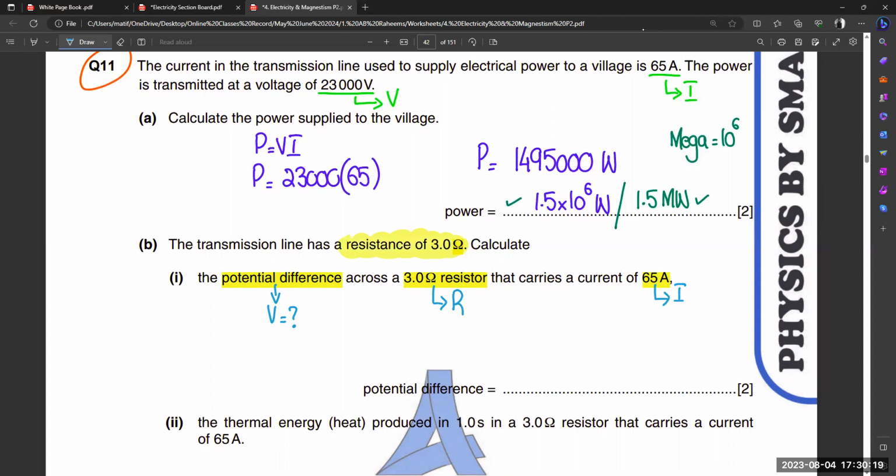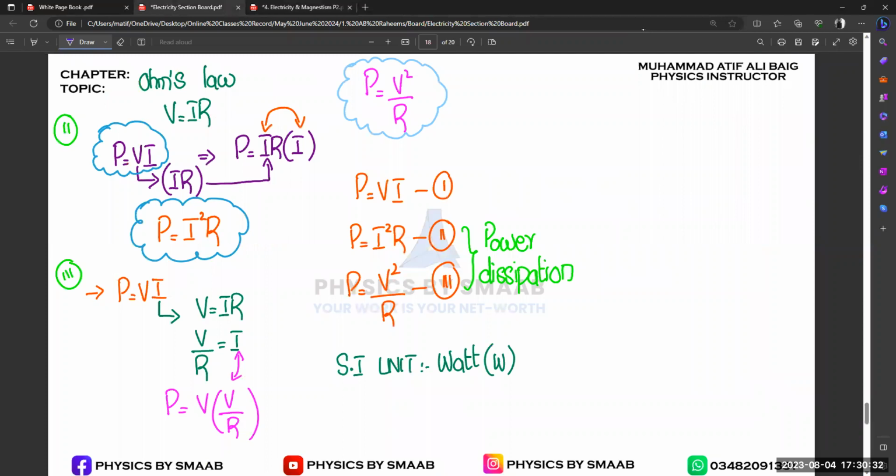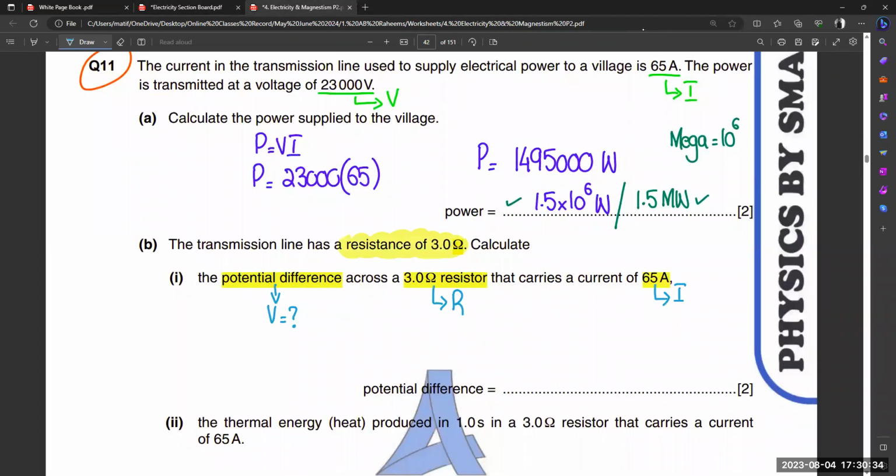So which formula will help you find the value of V? Ohm's law, V is equal to IR.